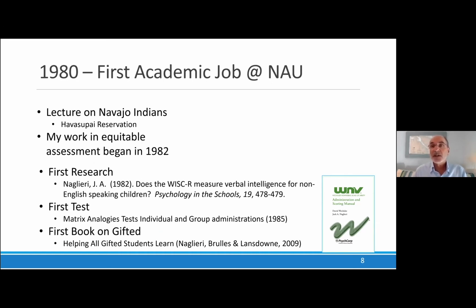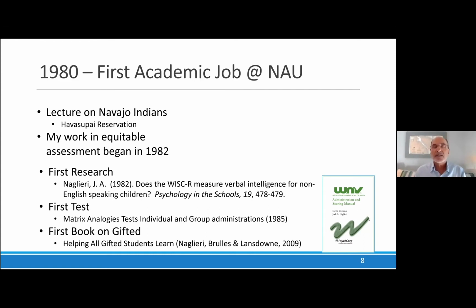Well, he started talking, and the more I listened to him, the more concerned I got, because he was saying the Native American Navajos' left brains aren't as well developed as their right brains, because when you live on the desert, you have to have good spatial skills, and that's the right part of your brain, and the WISC measures the right part with the nonverbal test, and on and on and on.